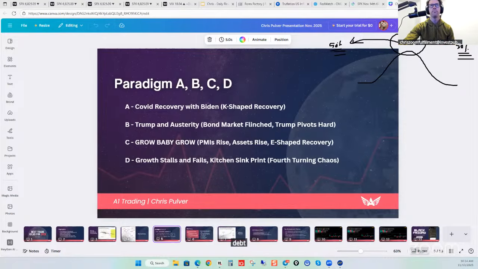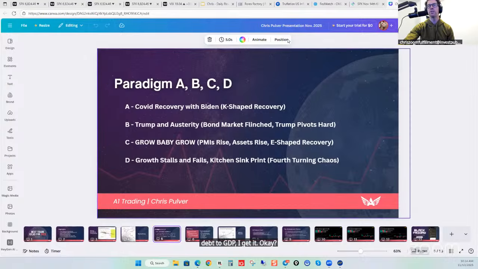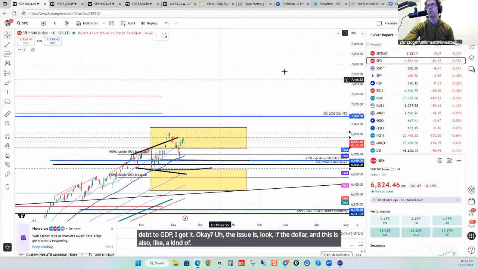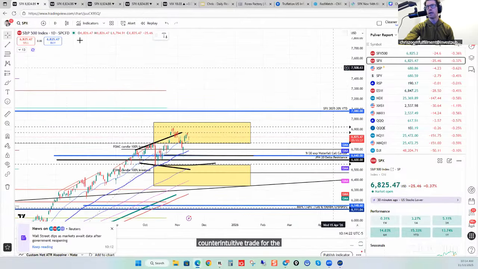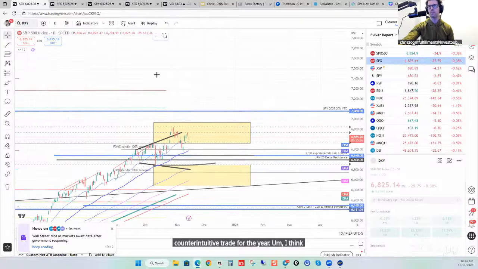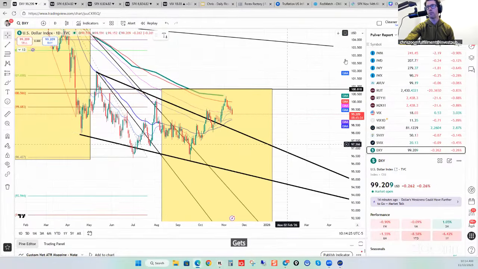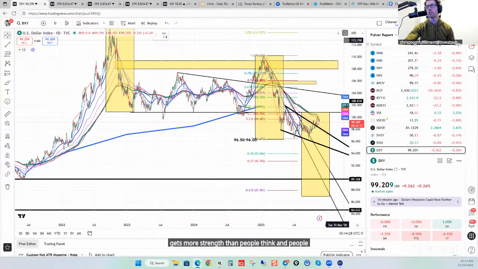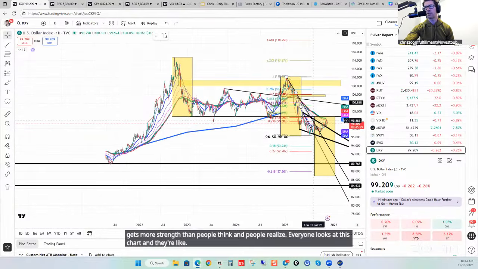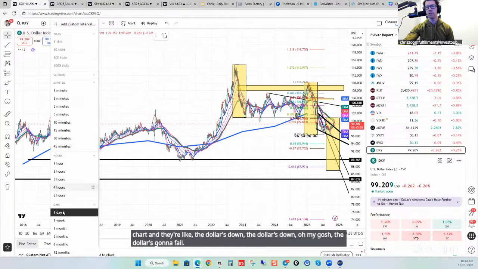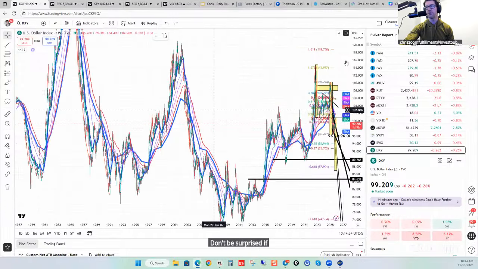I get it. Okay. The issue is, look, if the dollar, and this is also a kind of counterintuitive trade for the year, I think if the dollar gets more strength than people realize, everyone looks at this chart and they're like, the dollar's down, oh my gosh, the dollar's going to fail. Don't be surprised if this thing doesn't fail.